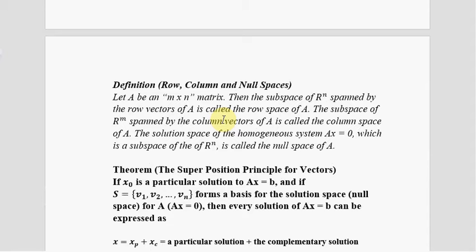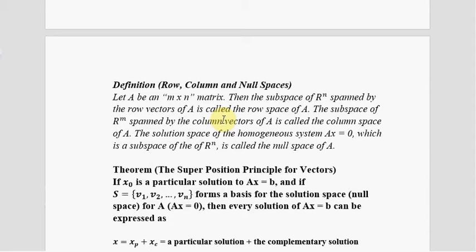If you have some m by n matrix, then the subspace of Rn spanned by the row vectors of A, we call the row space of A. So if you can reduce that matrix down to its identity, look at the leading ones: for each row with a leading one, that original row is said to be in the row space.